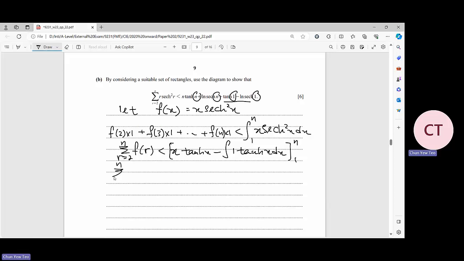Then this one, now you can write it as a r sec square r less than x tan x minus integrate tan x. Integrate tan x, you will get ln cos x.